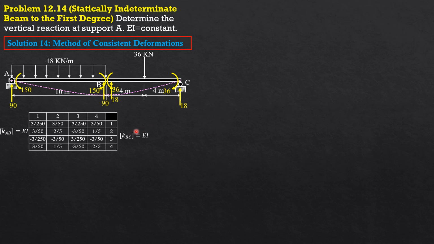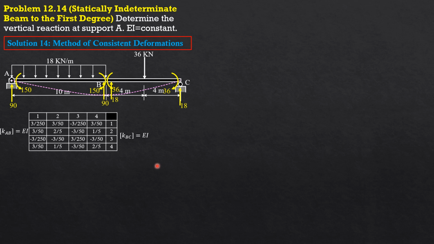Then 6 EI over L square, 6 times 1 over 8 square is 3 over 32. 4 times EI, 1 over 8 is 1 half. Then negative of that cell, then half of 1 half is 1/4. Then the negative of the first row, then the second row, except that these positions are interchanged. So that's it for the elemental stiffness of BC.